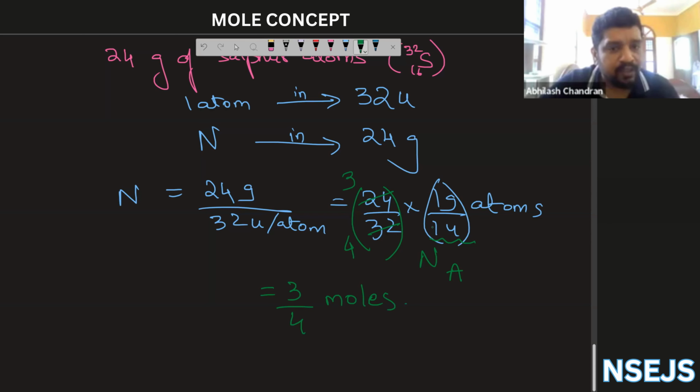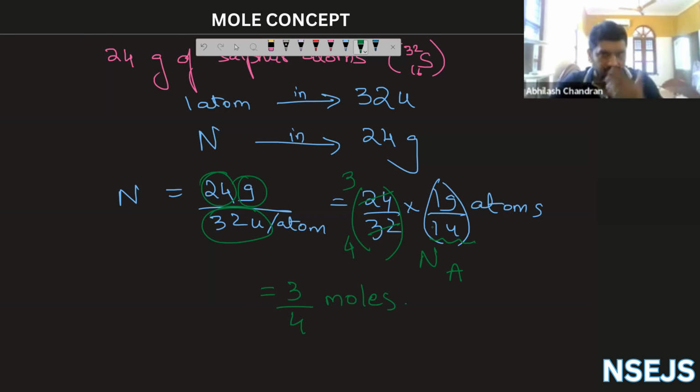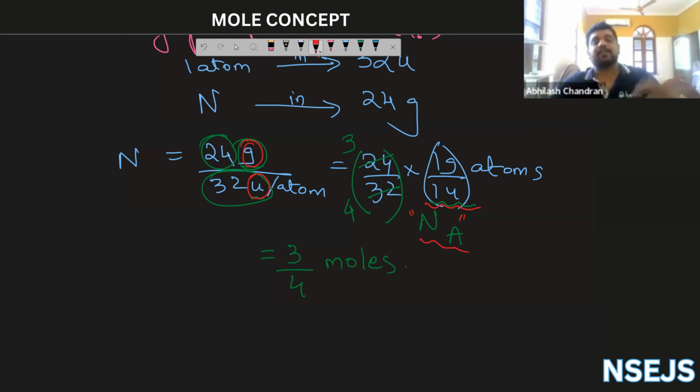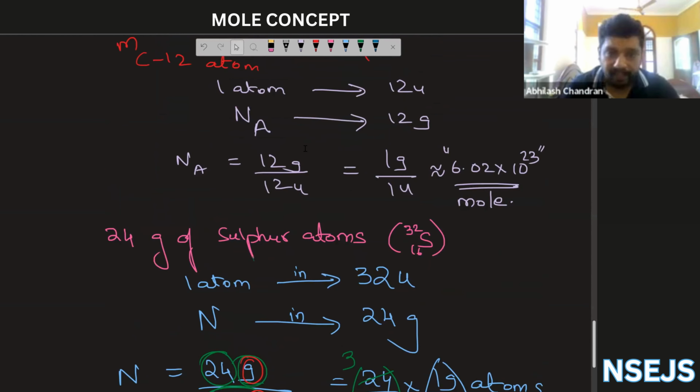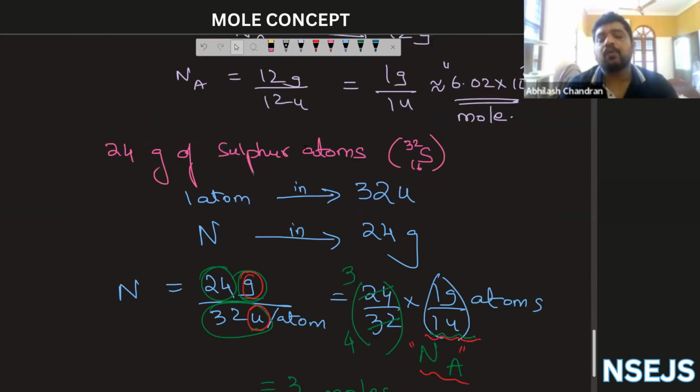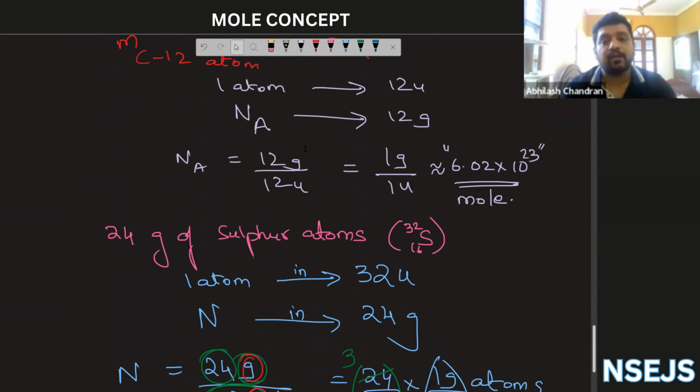Whatever calculation I do, there will be some W grams divided by some AMU per molecule or per atom. This gram by AMU calculation is always going to be there, which is what makes the final number a huge number. I'm avoiding it by defining 1 gram by 1 AMU as Na, Avogadro's number, which is basically 1 mole. So the definition of mole is the number of atoms in 12 grams of a carbon 12 sample, which is the same as 1 gram divided by 1 AMU, which is 6.022 into 10 to the power 23.